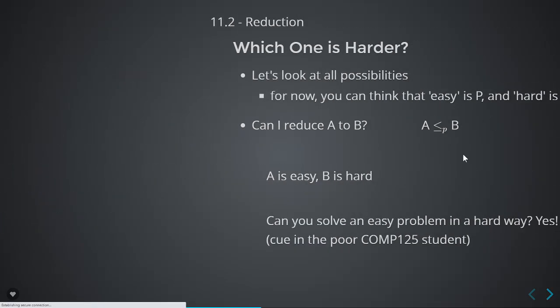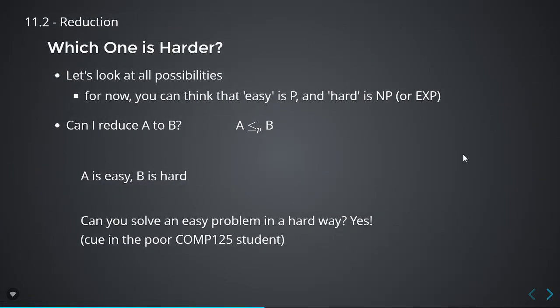Now, just to make sure that you understand all this about which one is harder, let's look at all the possibilities. You can kind of think that easy is P and hard is NP or EXP. And what we're asking is, can I reduce A to B? All right, first case, A is easy, B is hard. Can you solve an easy problem in a hard way? Yes.